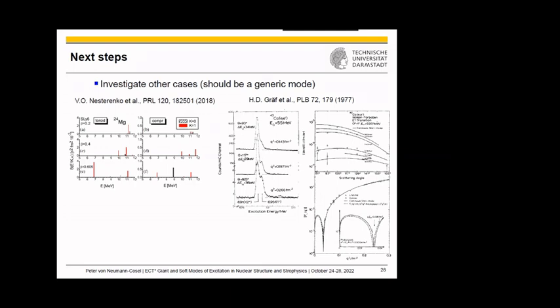So maybe these points are not enough, but one could do some extra measurements at these backward angles, and I think that might be a very nice case to look at.